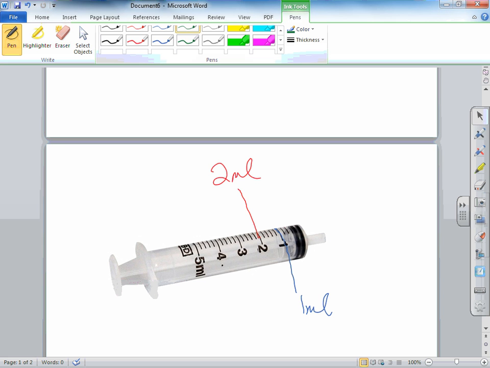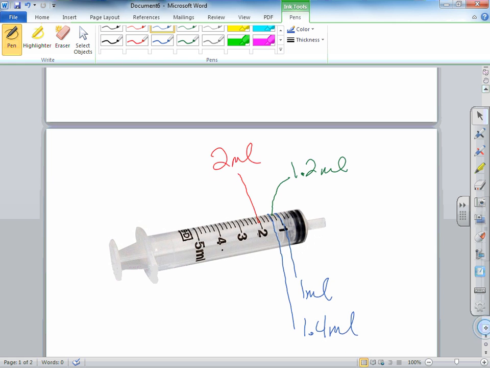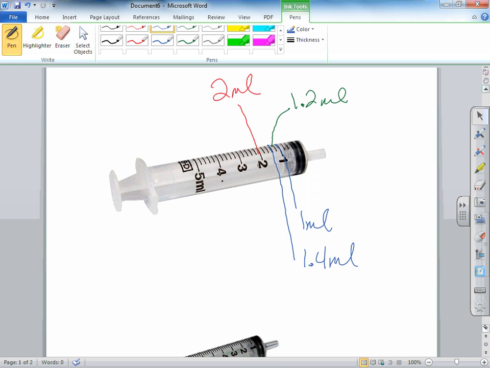So the next line under the 1 is 1.2 milliliters. The next line under that 1.2, I'm going to draw here, is 1.4 milliliters. I hope you guys are able to follow. The next line from that 1.4 is what? 1.6 milliliters.